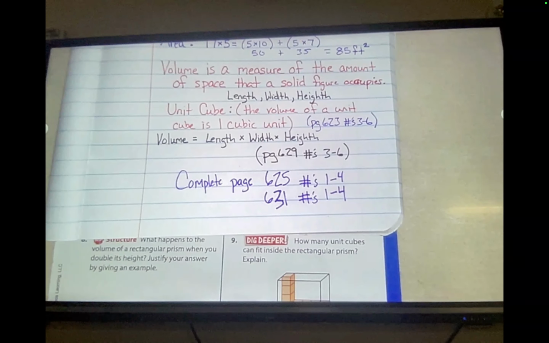Make sure that the bell ringer that we did, the first 5 questions, go ahead and turn that into the sub as well. Make sure your name's on it, and that way it will be helpful with that. So finish these 8 problems right here, then work on the work that you're supposed to do for the remainder of class, and we will get back after it again tomorrow. Have a great day. Be on your best behavior.